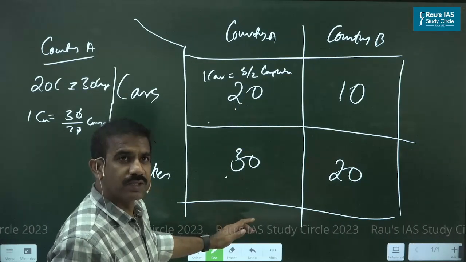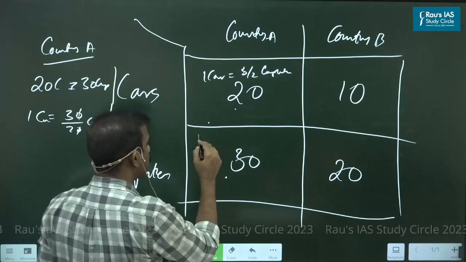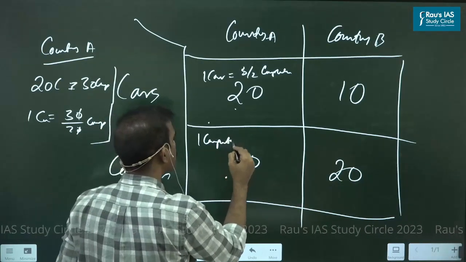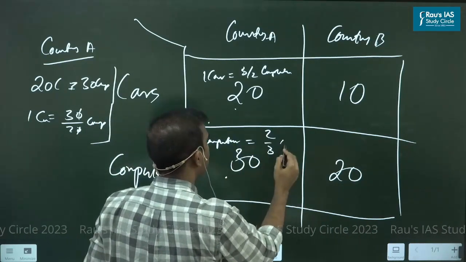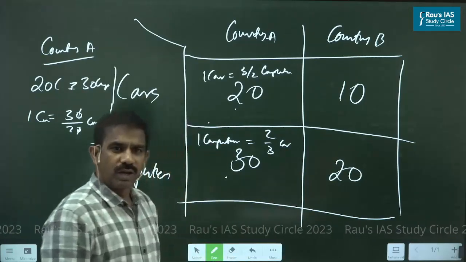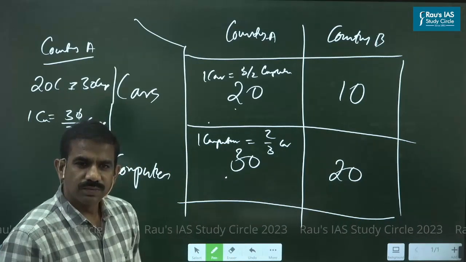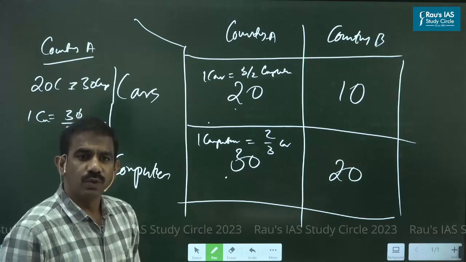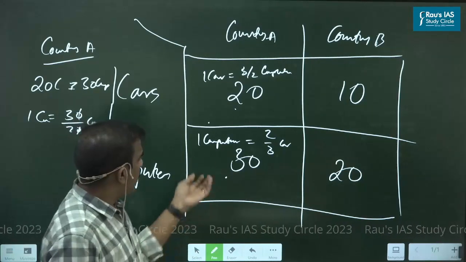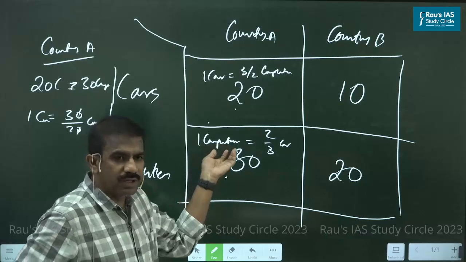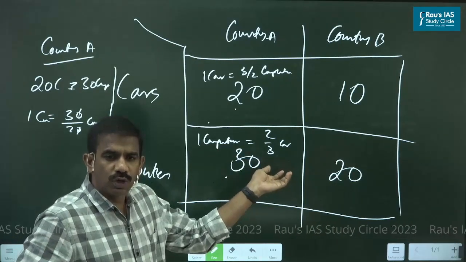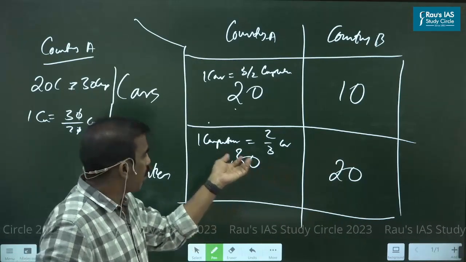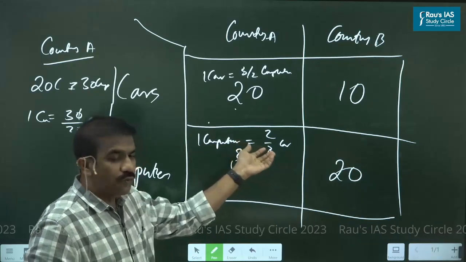Or one computer is equal to 2/3 of a car. Yes or no? Any confusion? It does mean every time I want to increase my computers, I need to forego 2/3 of a car. That means if I want to go for 3 computers, I need to forego 2 cars.